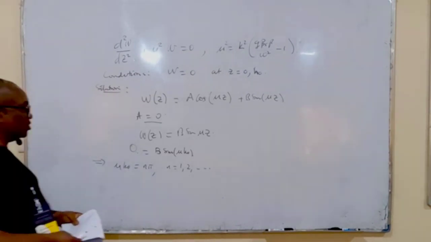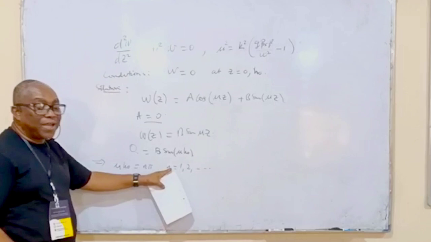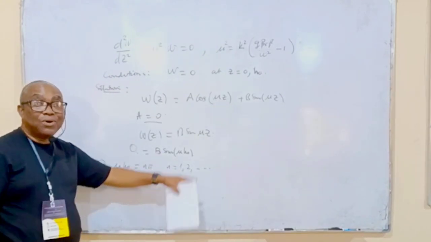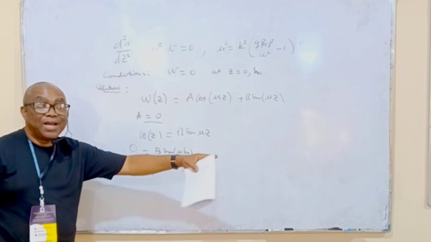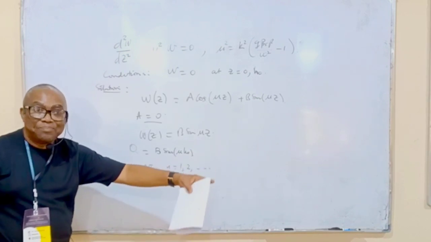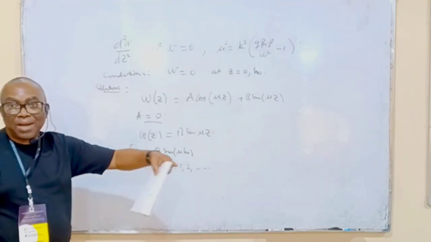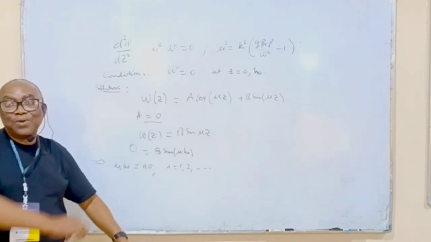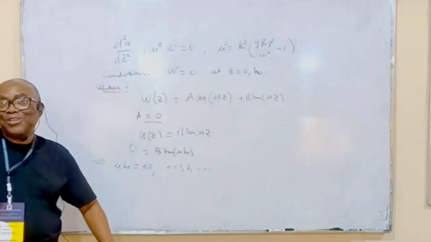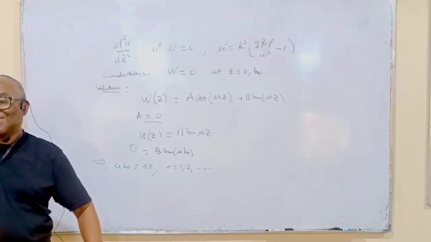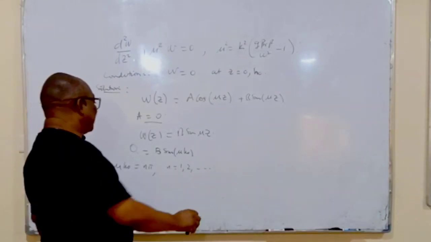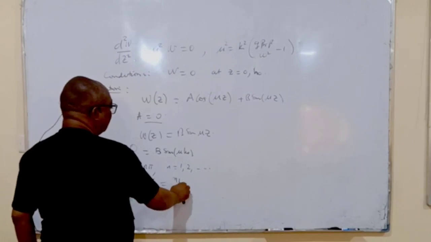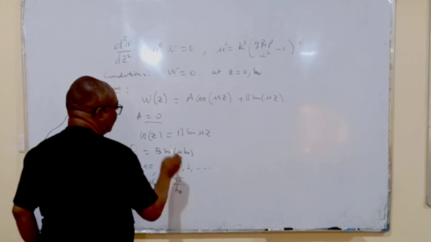It's no longer one value, because there are multiples of these angles: 1 pi, 2 pi, 3 pi, and so on. So mu n equals n pi over h0.